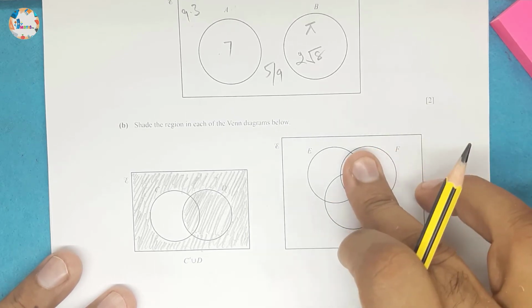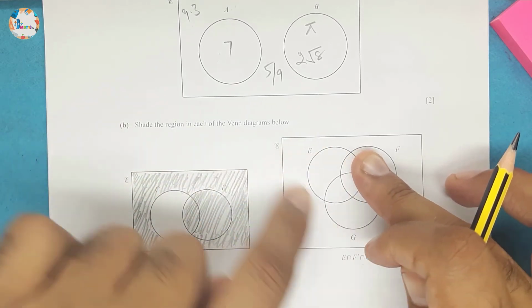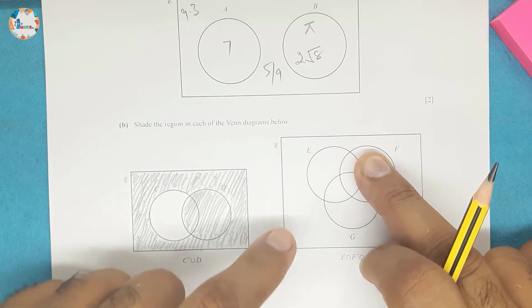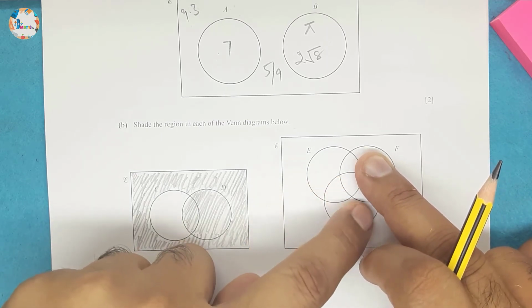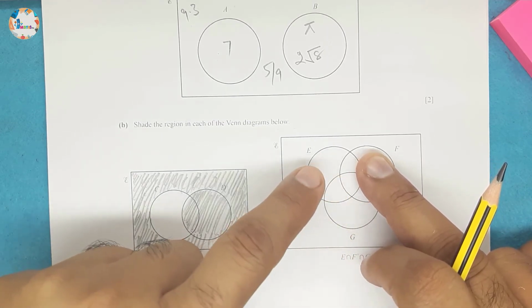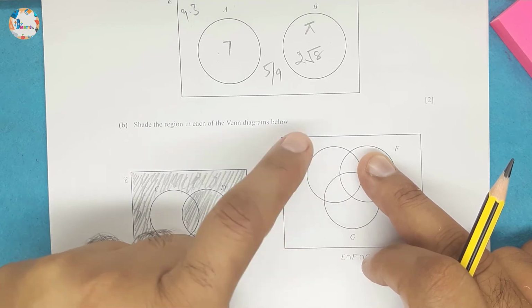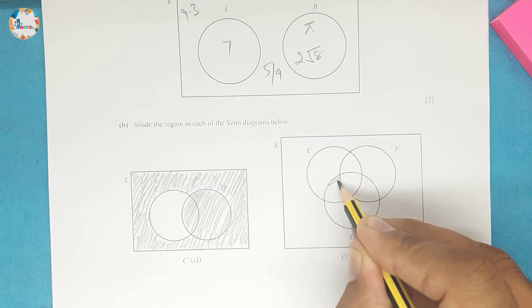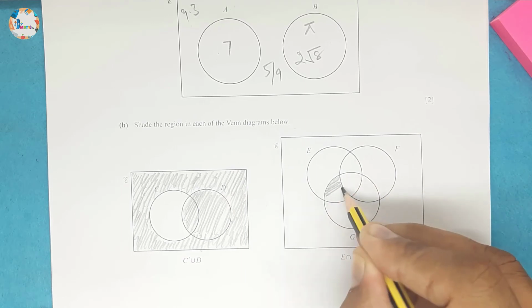Not in F is outside this whole area, which is excluding F, and intersection with G will be only this region, and then intersection with E will be only this portion, which we will be shading. Hopefully you're understanding this.